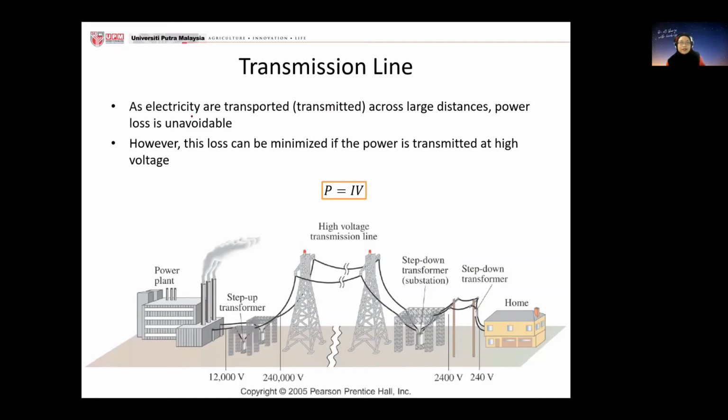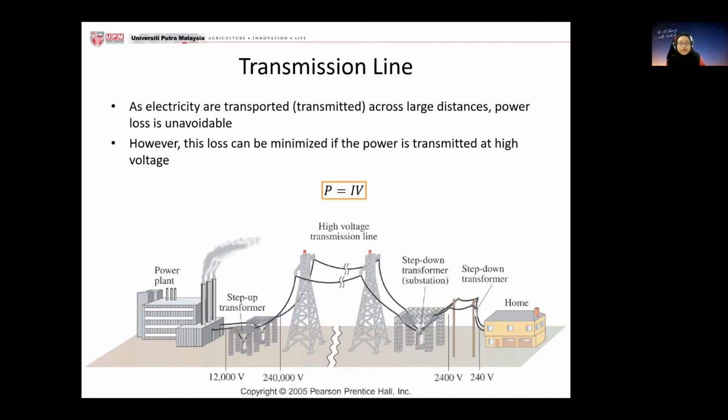As you transport that amount of power across large distances, power loss is unavoidable. You cannot avoid that, because there's always going to be some energy lost to the environment in the form of heat. However, this loss can be minimized if the power is transmitted at high voltage.